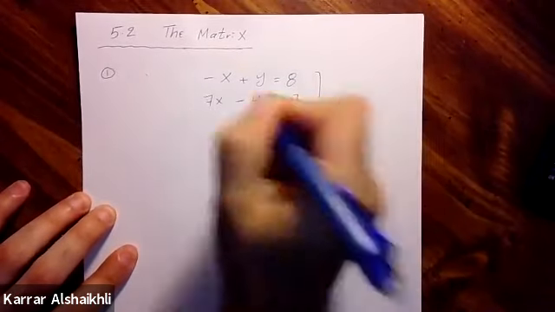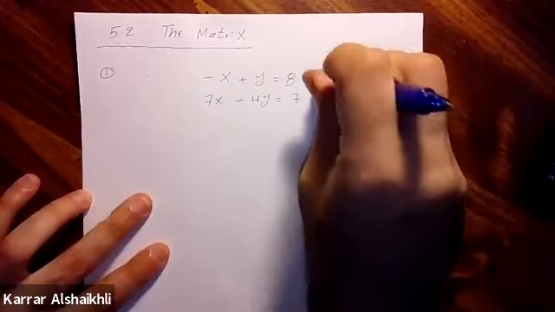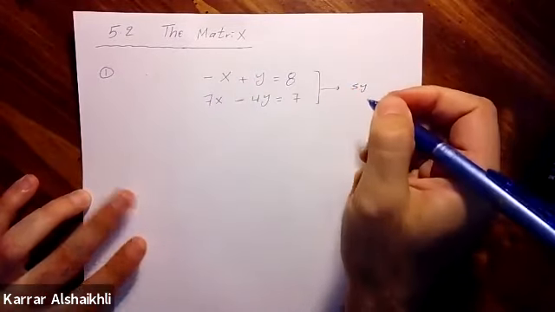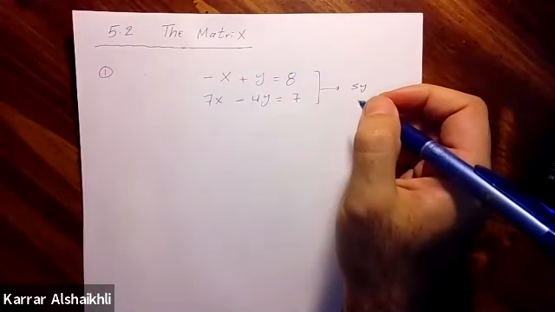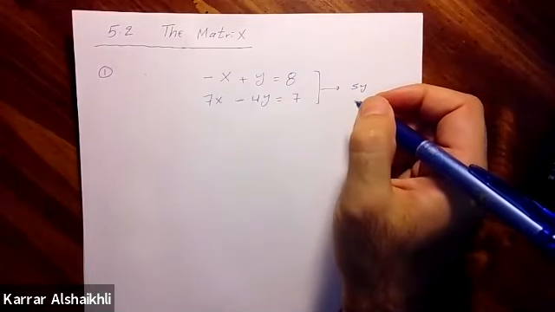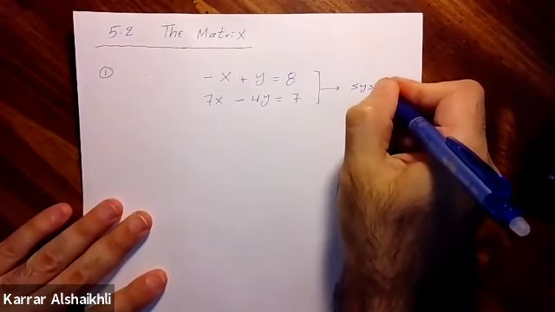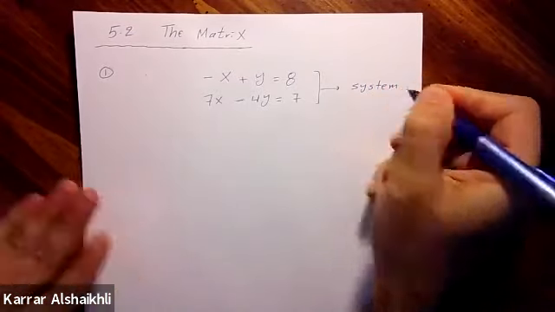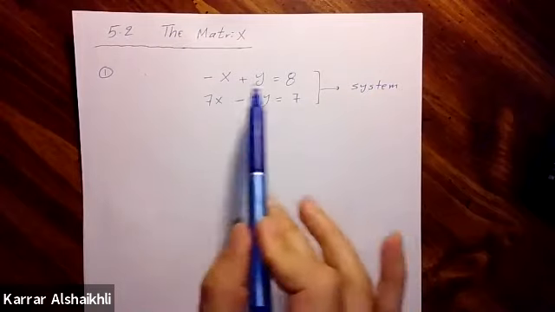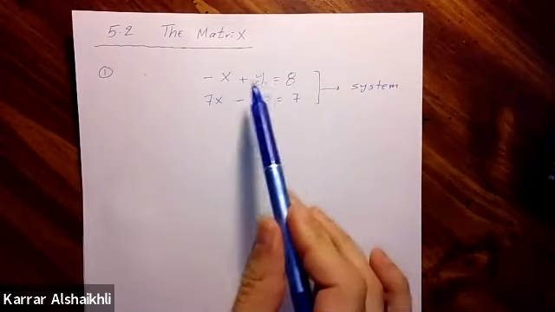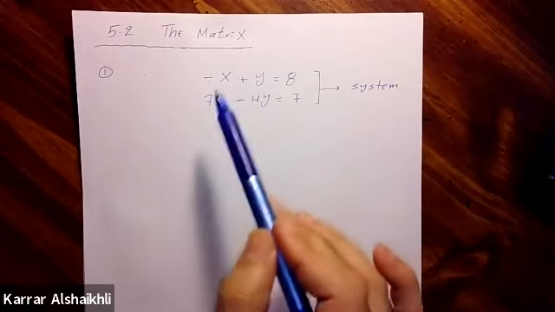We will call this one a system. Why do we call it a system? Because we have two linear equations with two variables, x and y. So we call this one a system.